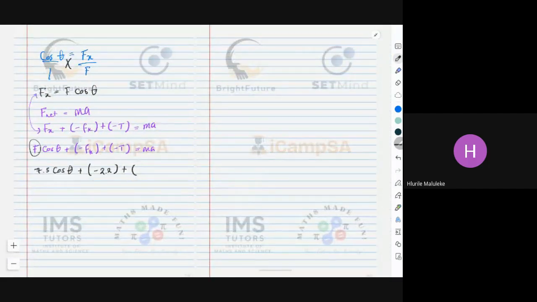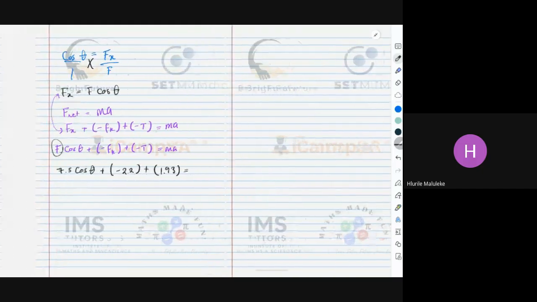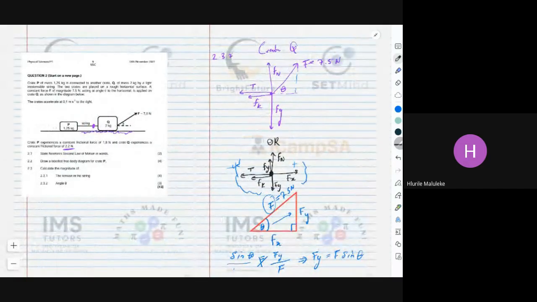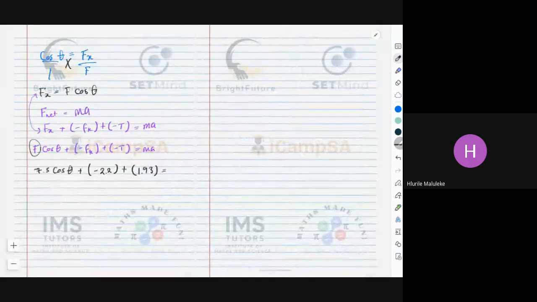So we can come here and say 1.93 equals the mass of this crate Q, which is 2 kg, and the acceleration is 0.1, right? So now we have one unknown here. This is the unknown that we have. All right. This is supposed to be negative. Please don't forget the negative.